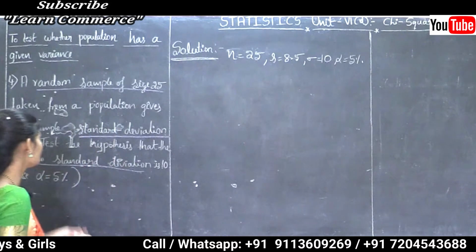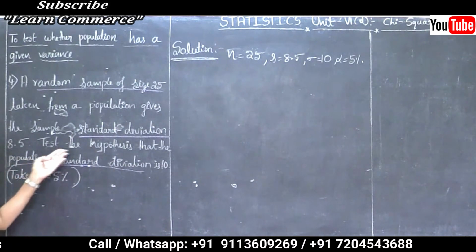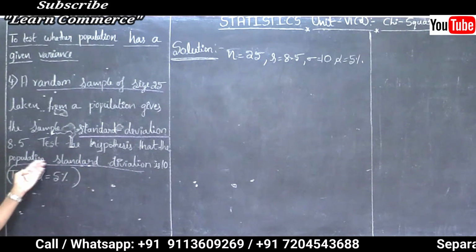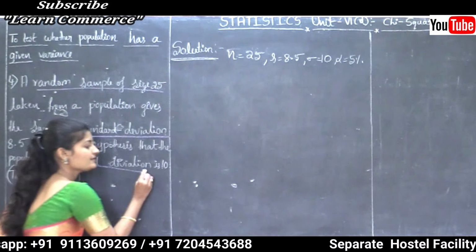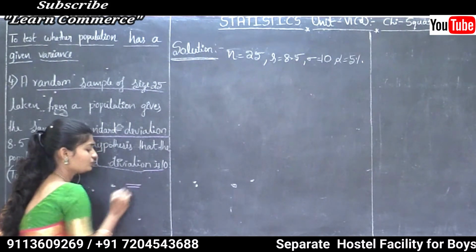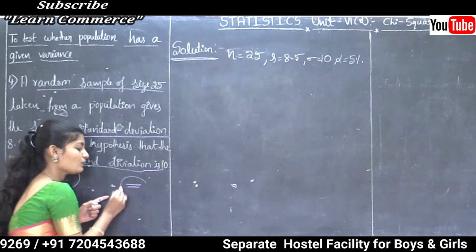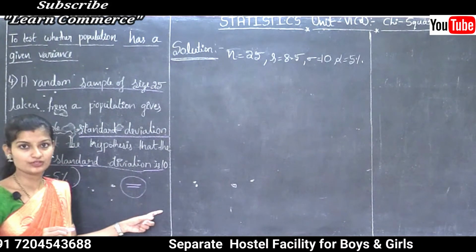See, here in the question it is given: test the hypothesis that the population standard deviation is 10. So 10 means this is an equal-to type. If it is an equal-to type, then it is the null hypothesis.